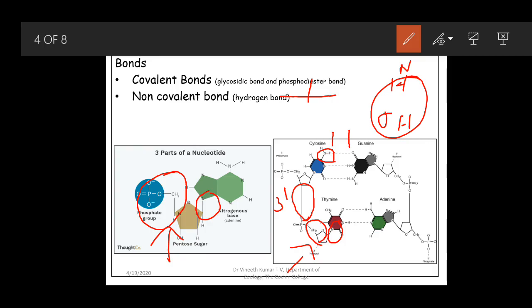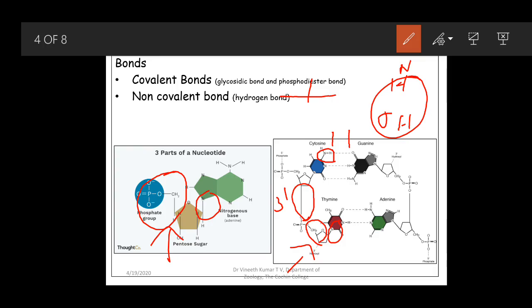If you take any of the hydrogen bonds, this criterion will be satisfied. That is, a bond formed between a hydrogen and an electronegative atom. It can be oxygen or nitrogen; mostly it will be oxygen or nitrogen in the case of DNA. That hydrogen will be bonded to another electronegative atom. Between guanine and cytosine you have three possibilities for such hydrogen bonds, and between adenine and thymine there are two.